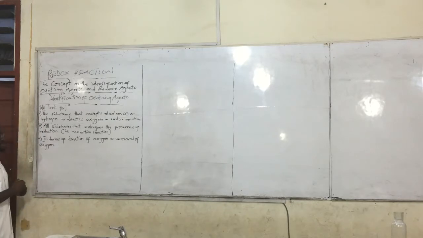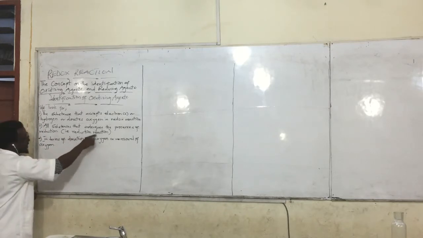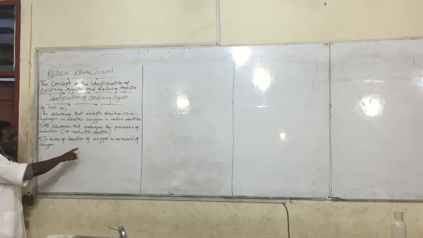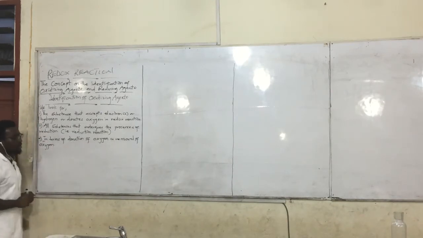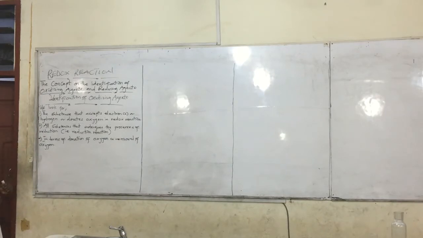You agree with me that under reduction reaction it is removal of oxygen, or you can say donation of oxygen. So we're looking for the substance that donates oxygen or we remove oxygen from.